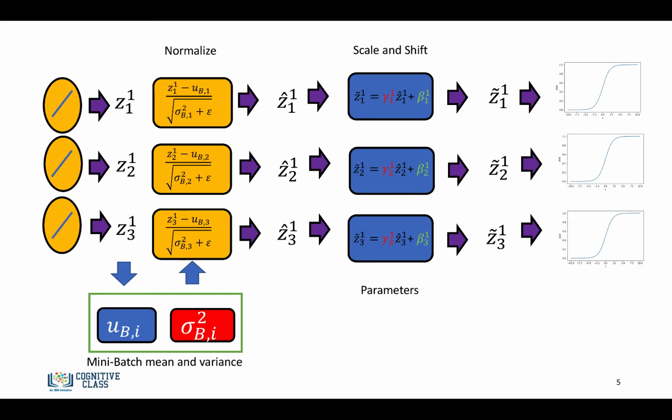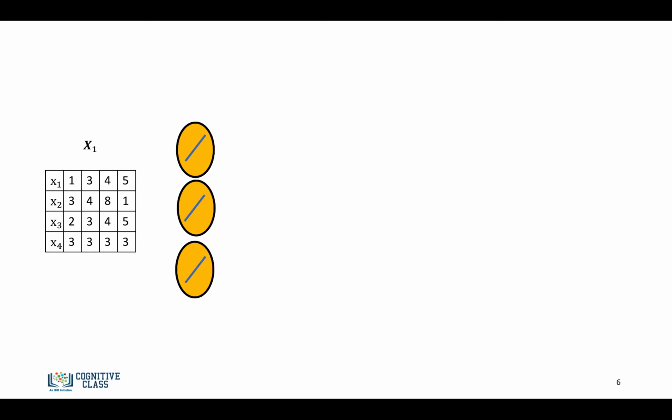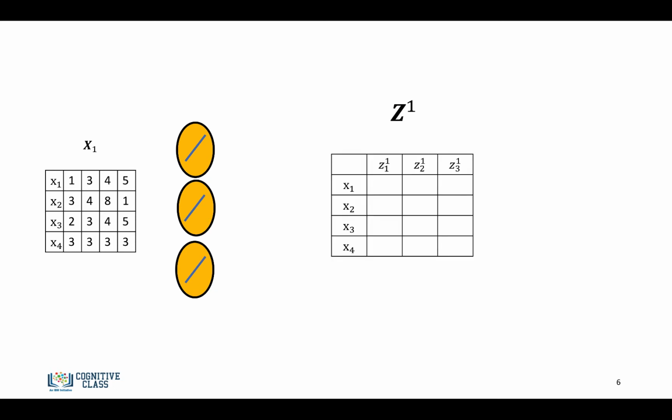So let's do a little more concrete example. We have our first mini batch, which we'll denote by the matrix or tensor x1, and then we'll have the output for the activations, which we'll store in the following tensor or matrix.